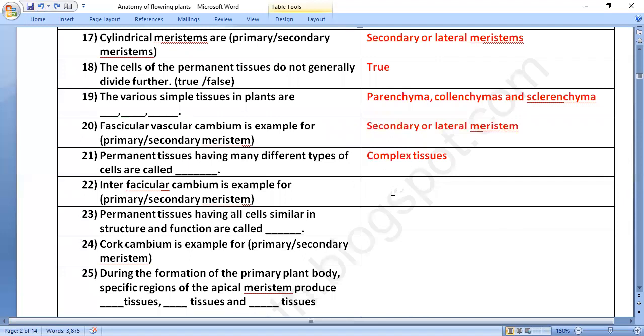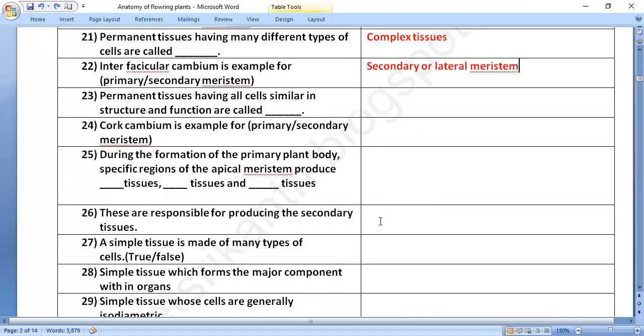Interfascicular cambium is an example of secondary or lateral meristem. Permanent tissues having all cells similar in structure and function are called simple tissue.